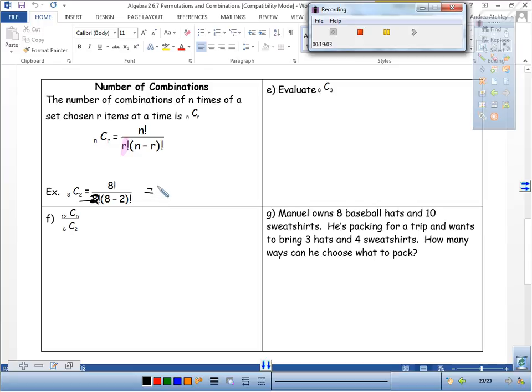It's a different button. Any other questions? So find the button that says NCR instead of NPR. And what do we get? 28? Any questions over that?